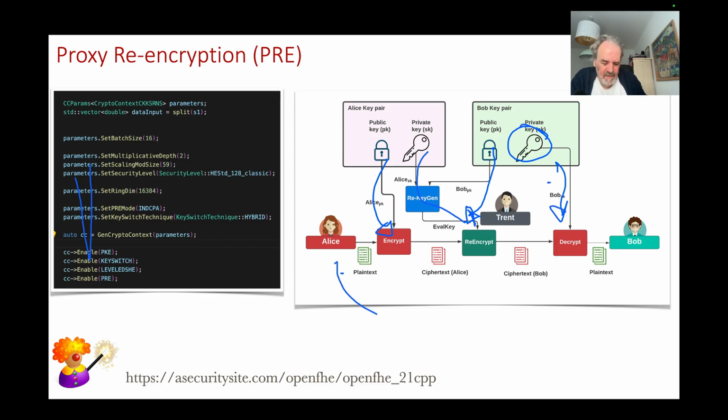So in this case, we can seamlessly hand over something that was encrypted with Alice's public key so that it can now be decrypted with Bob's private key. This should be used with caution because there are many problems that can be caused with this. But the code here should implement proxy re-encryption.